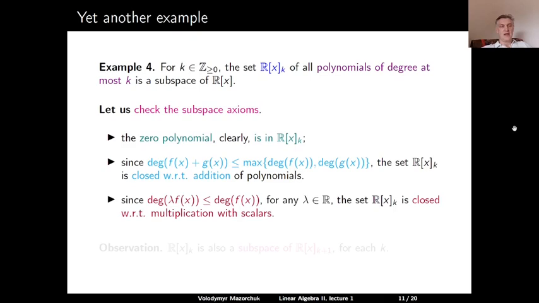Similarly, if we take a polynomial and multiply it with a real scalar, the degree of the outcome is at most the degree of the original polynomial. It is exactly the degree of the original polynomial if the scalar is non-zero, but if the scalar is 0, the degree might drop. And this implies that our set R[x]_k is closed with respect to multiplication with scalars.